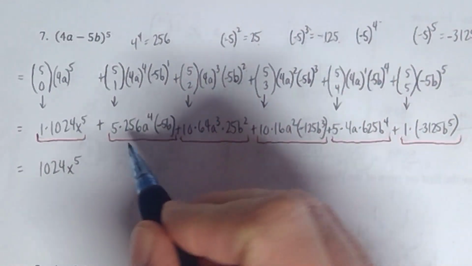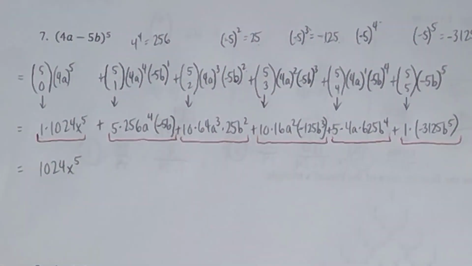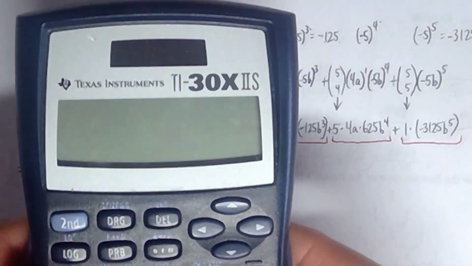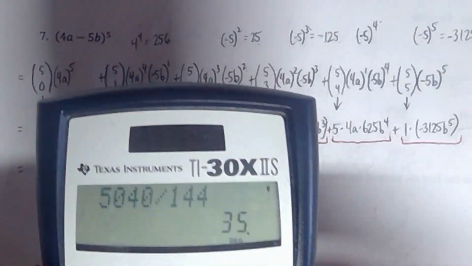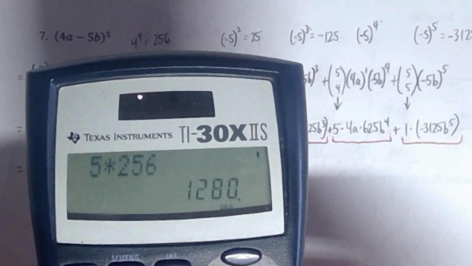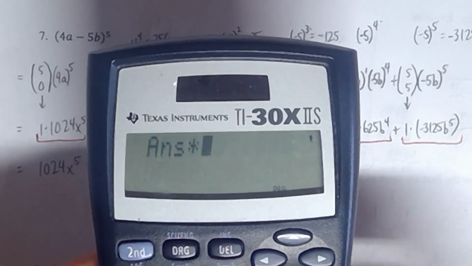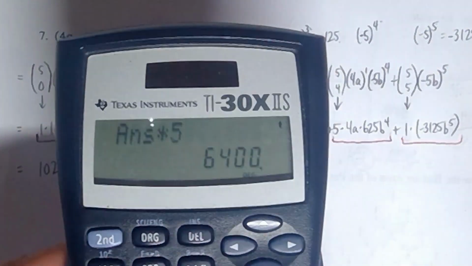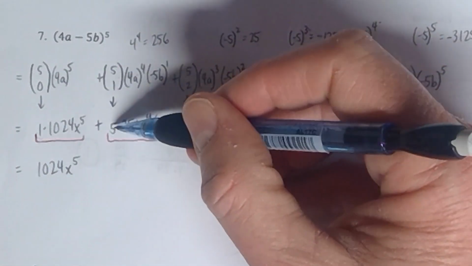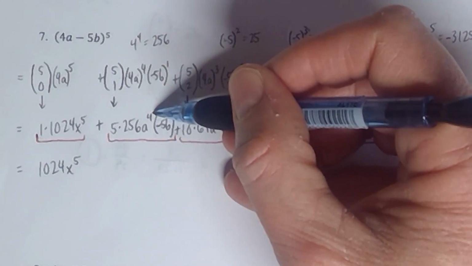I'll show you why. 5 times 256. So 5 times 256 is going to be what? That's going to be 1280, and then we still got to multiply by the other 5 there, and I'll get the negative in there as well. And that's going to be 6,400. So this is going to end up being 5 times 256 a to the fourth is going to be 1280 a to the fourth.